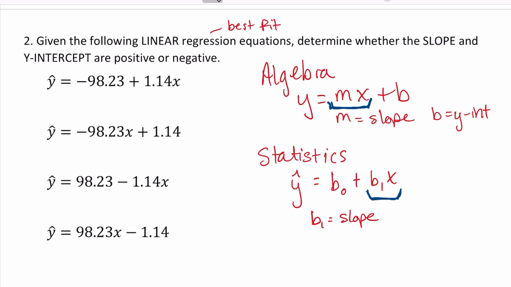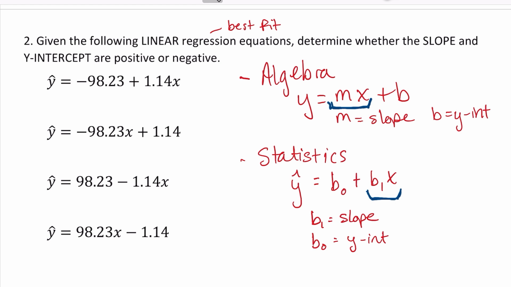Regardless of whether I'm looking at the algebra type equation or the statistics type equation, whatever the coefficient of x is has to be my slope. And then that b sub 0 would be my y-intercept. So we're going to look at these equations and identify the slope and the y-intercept, and determine whether the slope and the y-intercept are positive or negative.